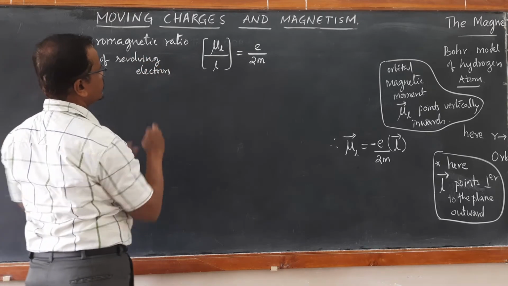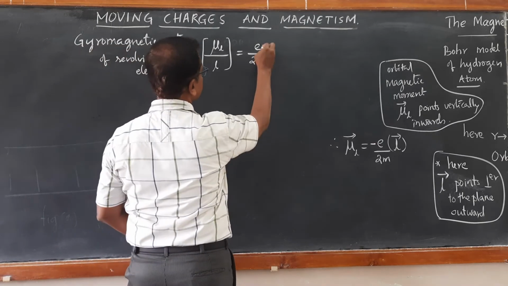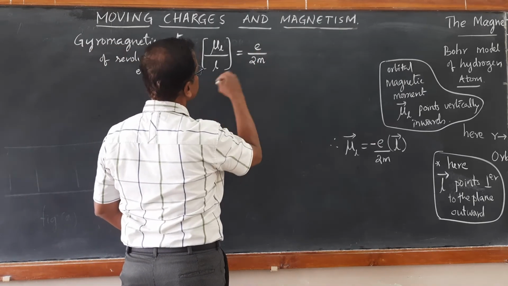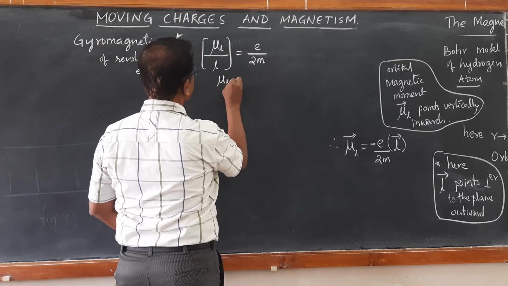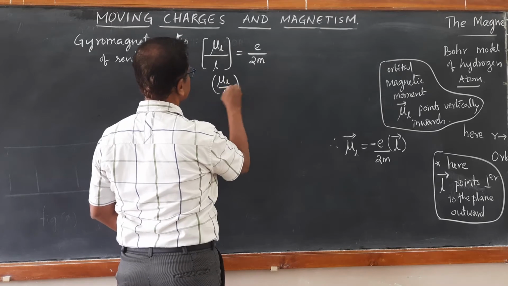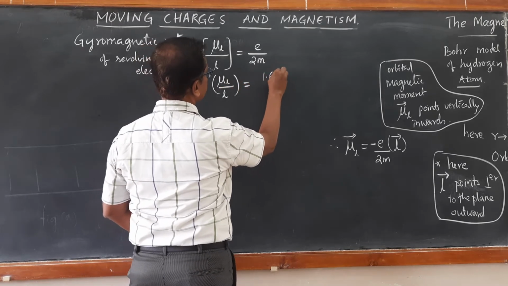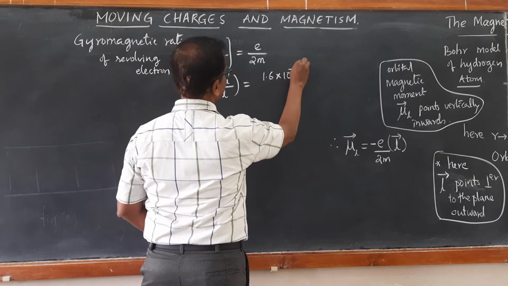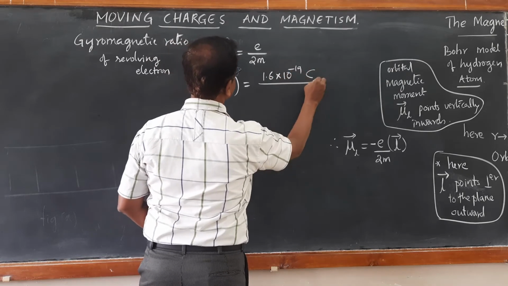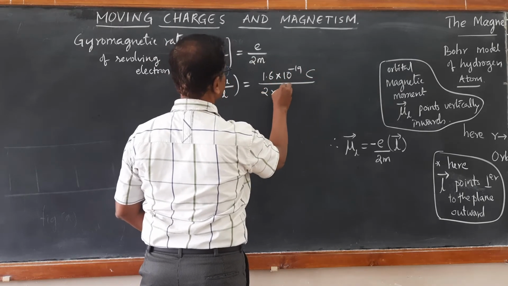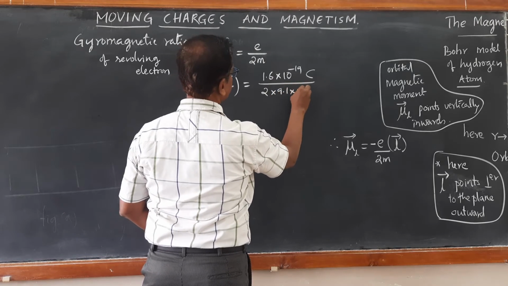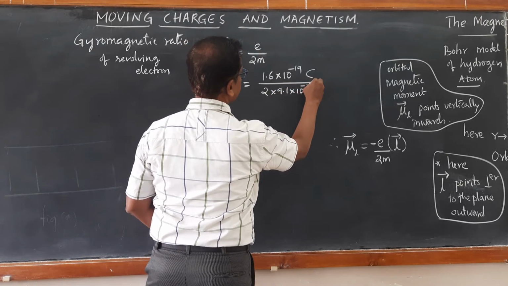For the revolving electron, if you substitute the values of electronic charge and mass, this gyromagnetic ratio is calculated to be 1.6 into 10 to the power of minus 19 coulomb divided by 2 into the mass of the electron, 9.1 into 10 to the power of minus 31.